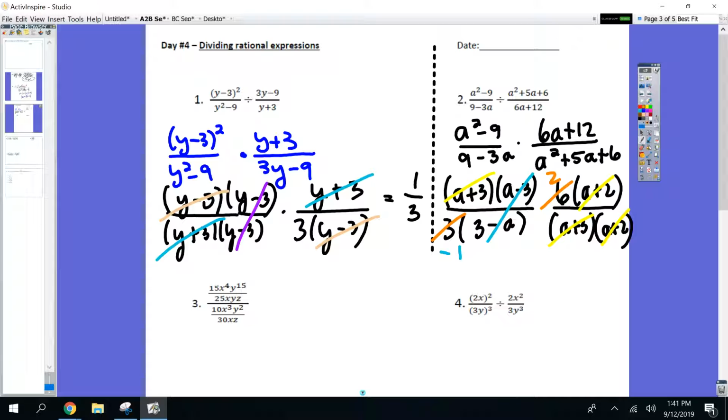No matter where you put the -1, you're still left with what? -2. But not both, because if you put 1 on top and 1 on the bottom, you got a positive now. Yeah, but either way, you're still going to get a -2 out, right? Yep. Okay, all good. Nice job on that one.